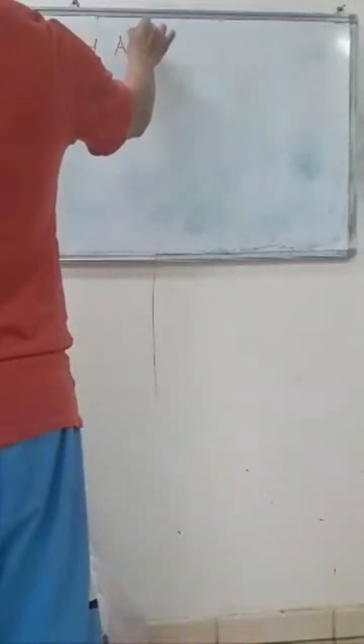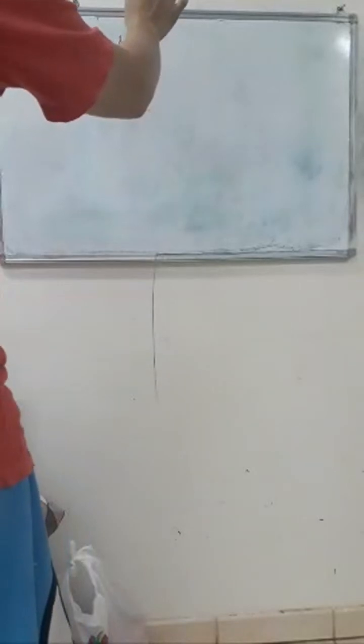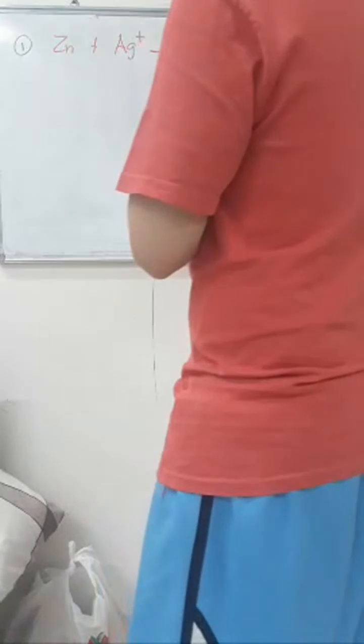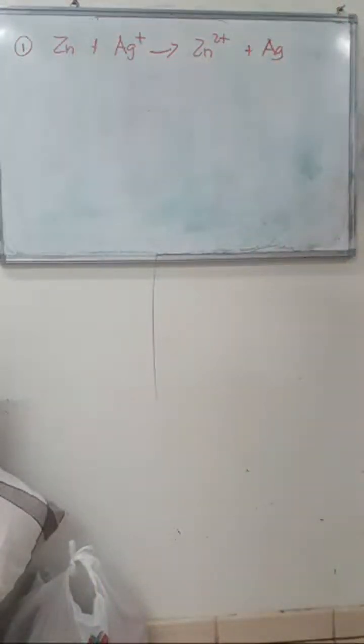Example number 1. Zinc plus silver positive is equal to zinc positive 2 plus Ag. Now, is this a redox? Of course, normally, because there are elements.